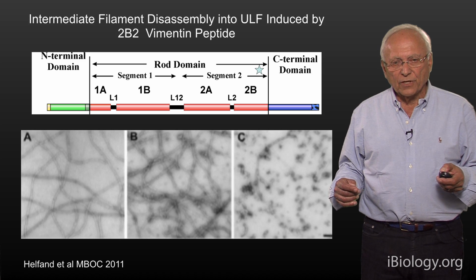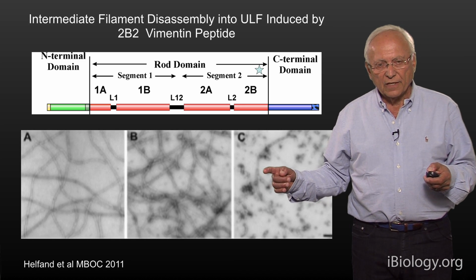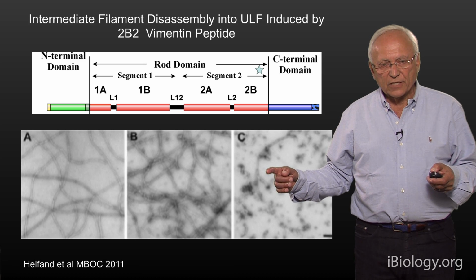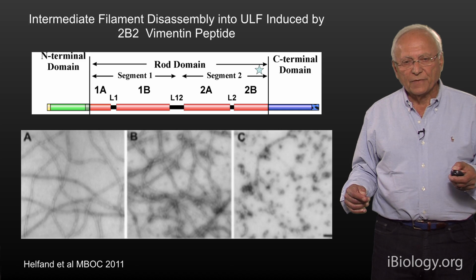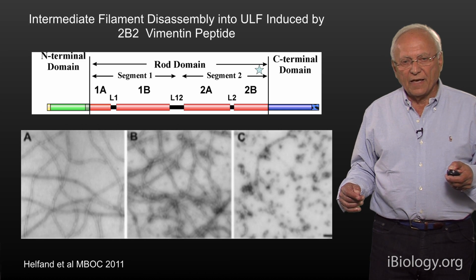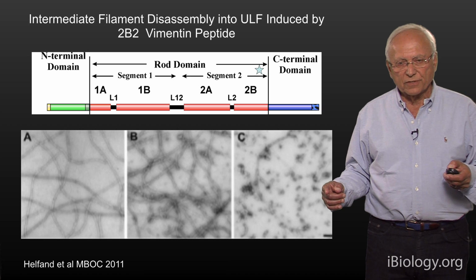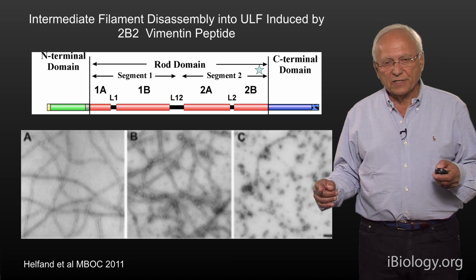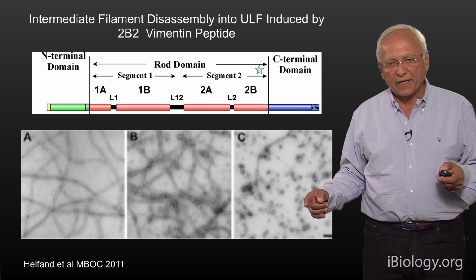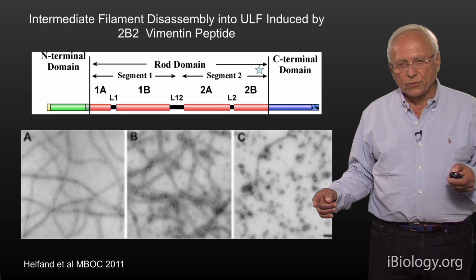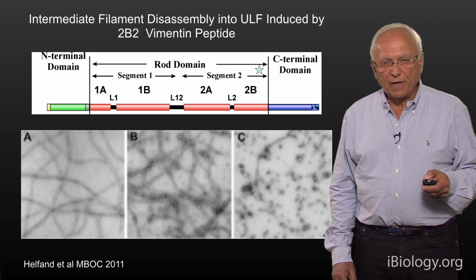And with our colleagues Harold Herman and Uli Aby, we discovered that if you expose Vimentin filaments on the left side, panel A, to this peptide and leave it for a relatively short period of time in vitro, this is an in vitro experiment, you disassemble intermediate filaments into these short pieces, which are unit length filaments.